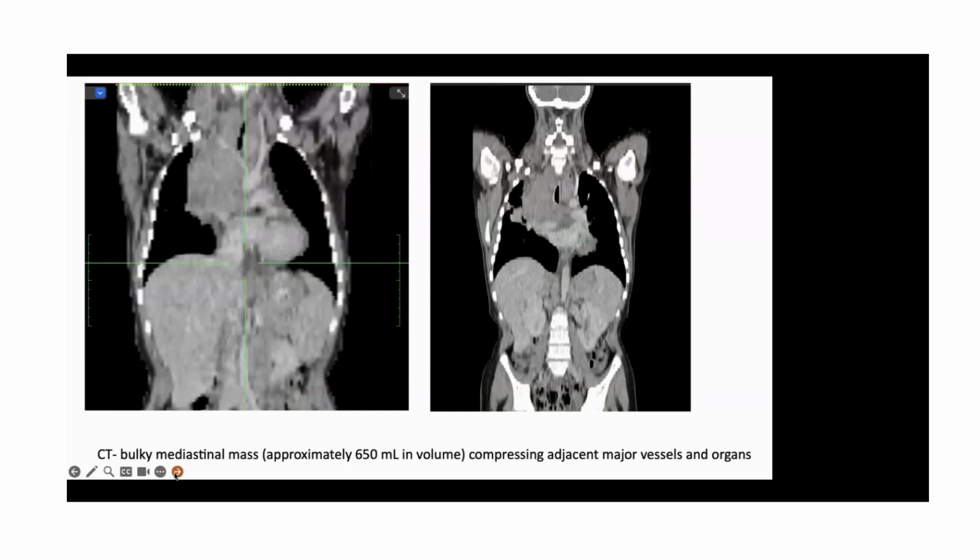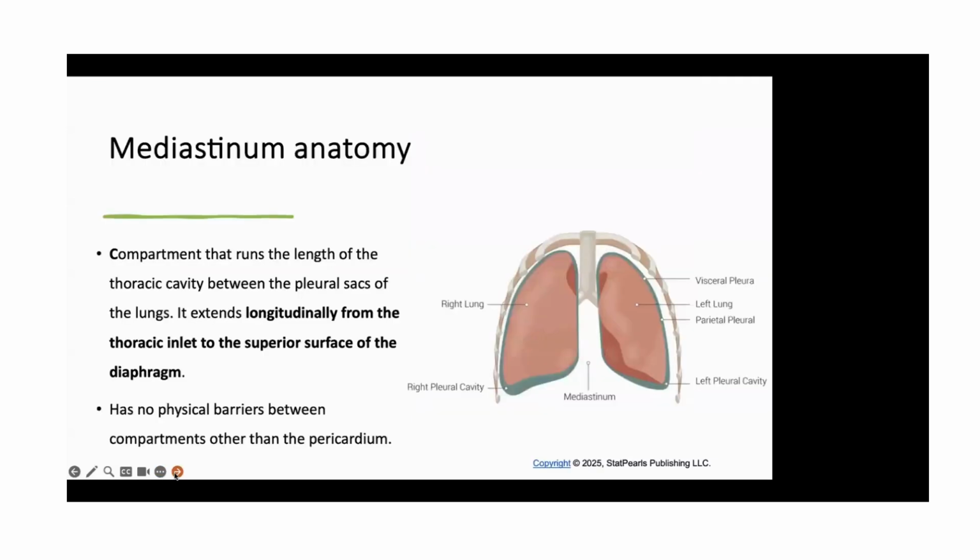We will stop here and discuss the anatomy of the mediastinum, because to understand the symptoms, the reasons, etc., it's very important to understand the anatomy. This compartment, the mediastinum, runs the length of the thoracic cavity, between the pleural sacs of the lungs, and it has no physical barriers other than the pericardium.